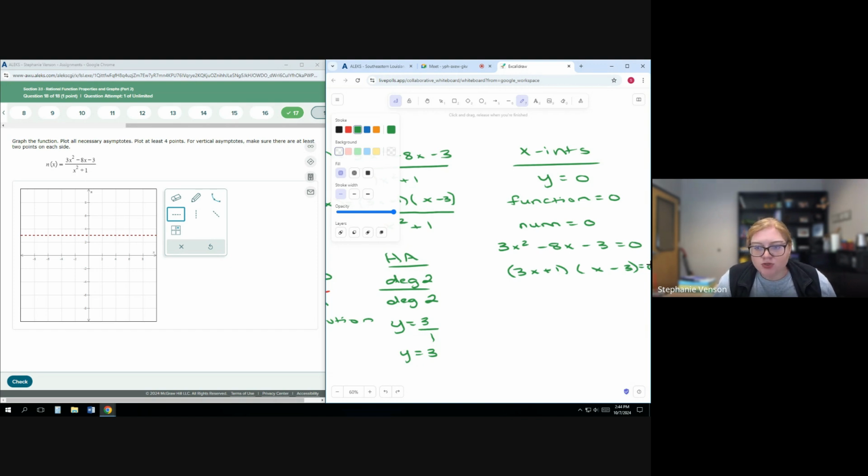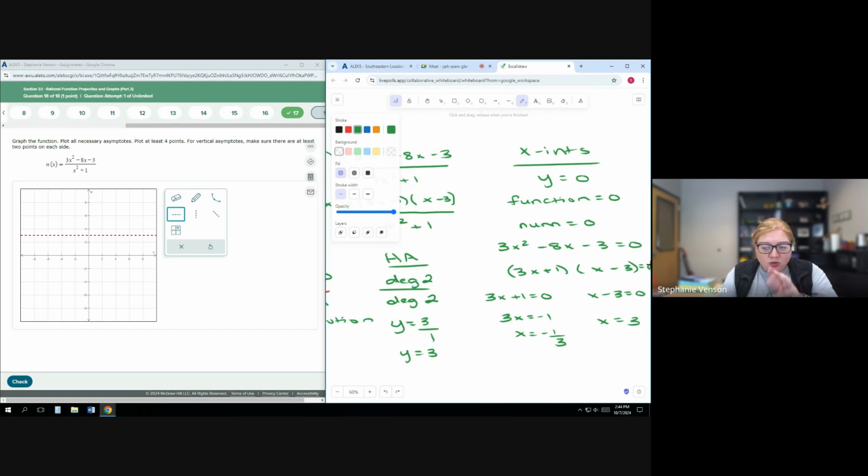Setting both of those equal to 0, we have 3x plus 1 equals 0 and x minus 3 equals 0. So that gives us 3x equals -1, or x equals -1/3, and x equals 3.